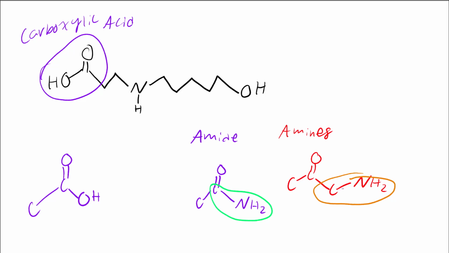For a nitrogen to be classified as an amide, it would have to be connected to a carbon that has an oxygen to it. This carbon does not have an oxygen. It just has hydrogens. One way to remember this is that amides have a seed. That oxygen kind of looks like a seed. So amides have a seed.